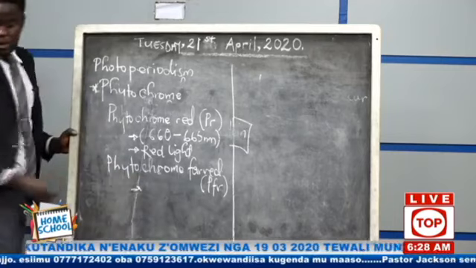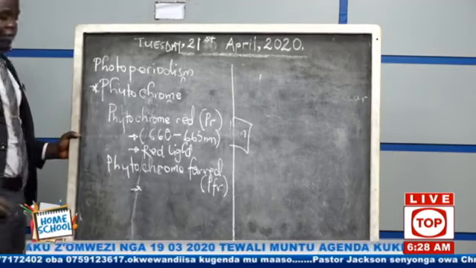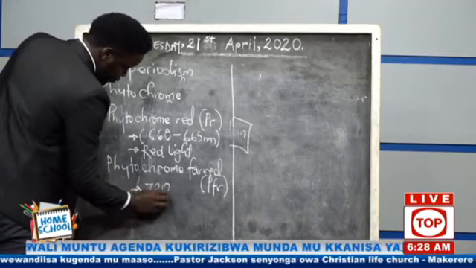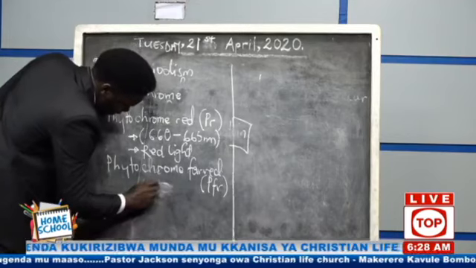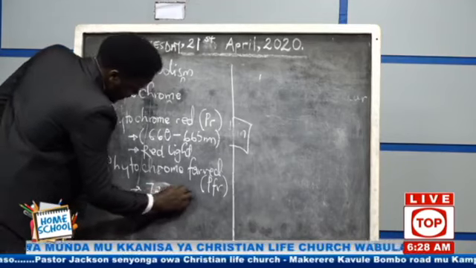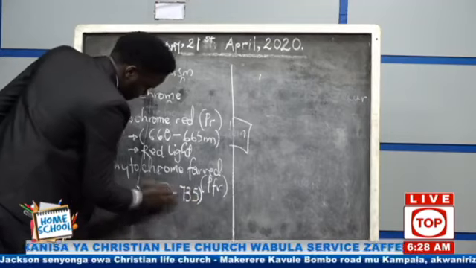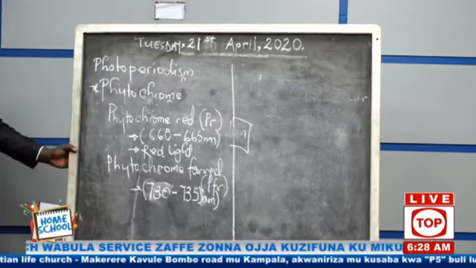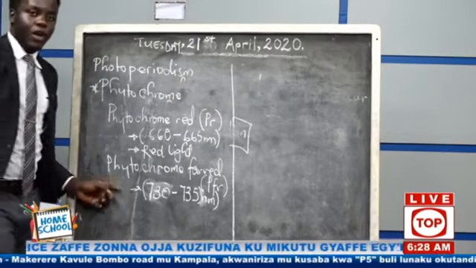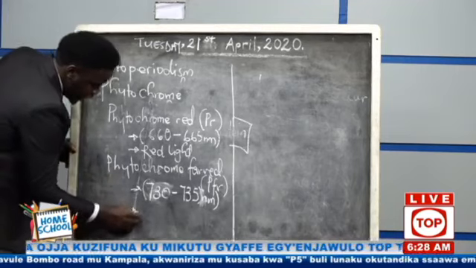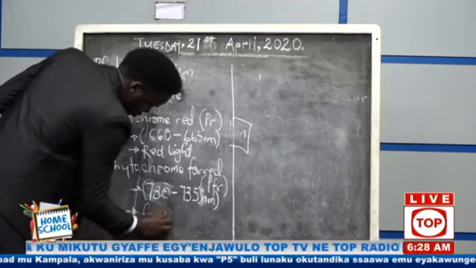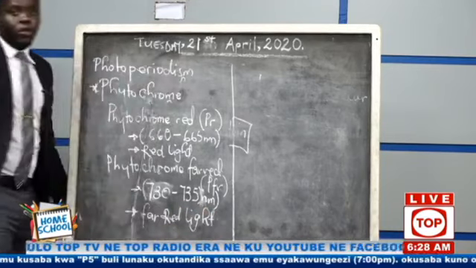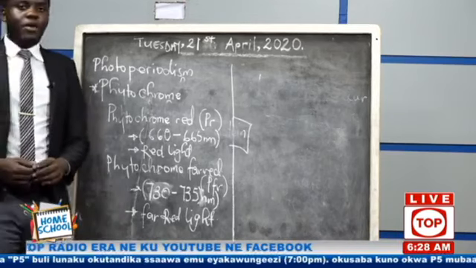PFR absorbs light in the wavelength 730 to 735 nanometers. Phytochrome far red absorbs far red light. It is very, very important.